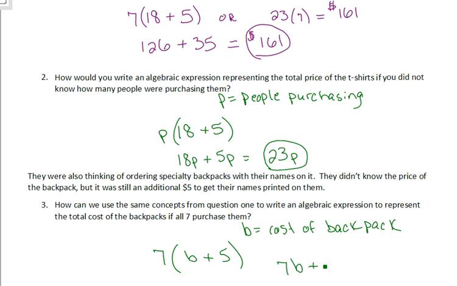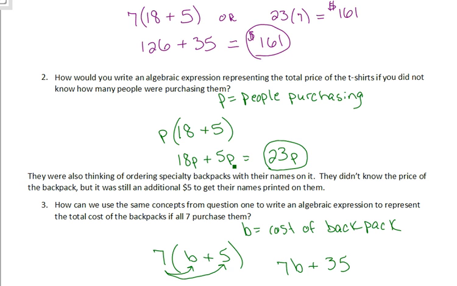We still know that we're going to have to pay $35 for the names on the back. What I just did was called distribute. I took that 7 and I multiplied it by both of the pieces inside. 7 times B, which is going to be the cost of the backpack, plus the $35 for the name on the back.